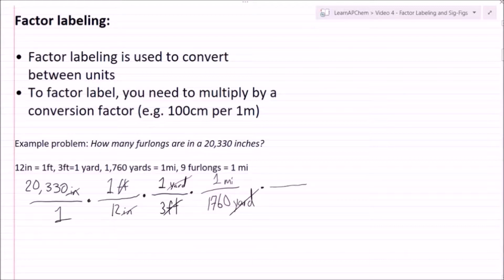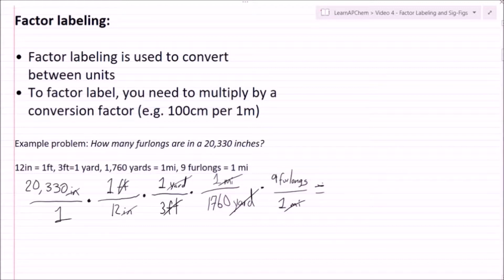And here, if I wrote this as normal, 1 mile, 9 furlongs, I'd see that I can't cross cancel. But I can just write this the other way around, with furlongs on the top. And now I can cross cancel, and I'm left with this.